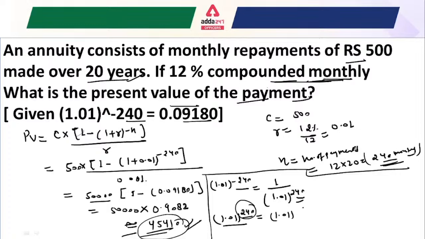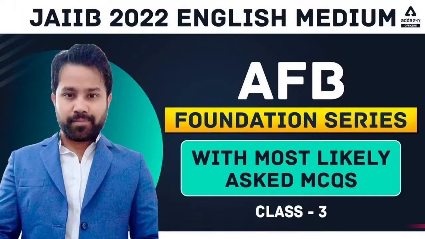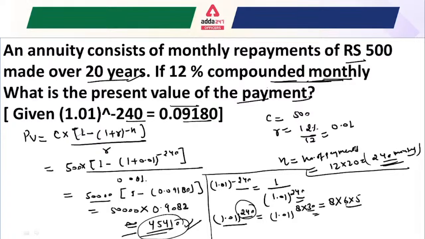Look, 240 you can factorize as 8 multiplied by 30, and again you can write 30 as 6 multiplied by 5. So you can just write it. Now it is very easy for you to solve. You just type 1.01 in your calculator.